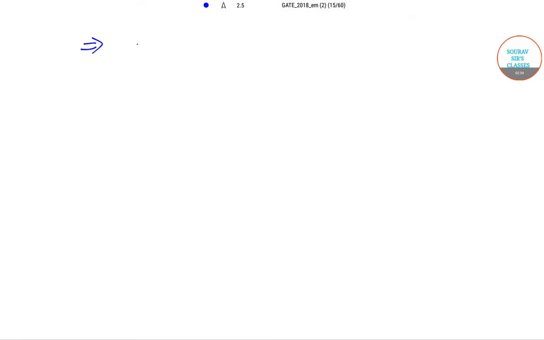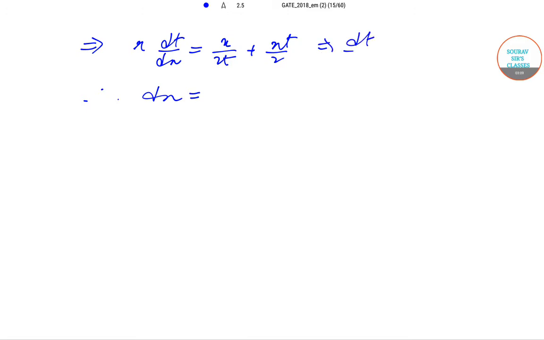So this will give us x dt by dx is equal to x by 2t plus xt by 2. Ultimately solving, dt by dx is equal to 1 by 2t plus t by 2.